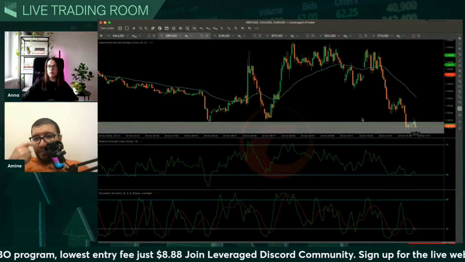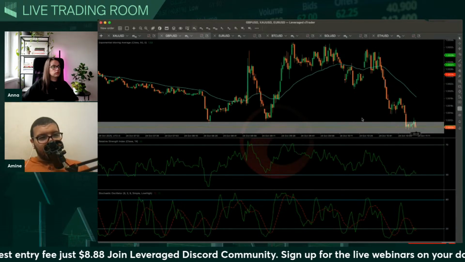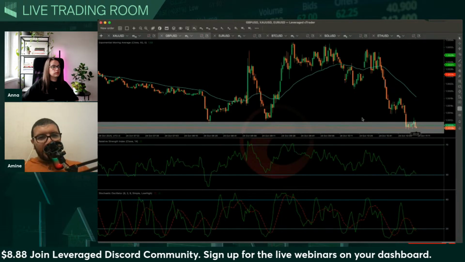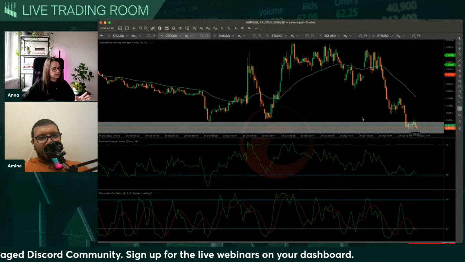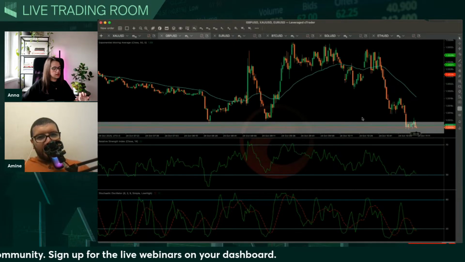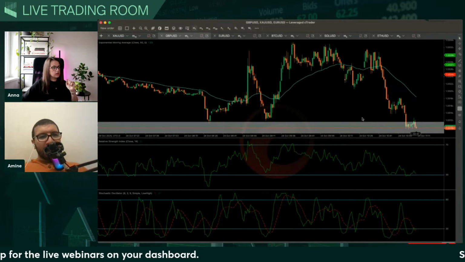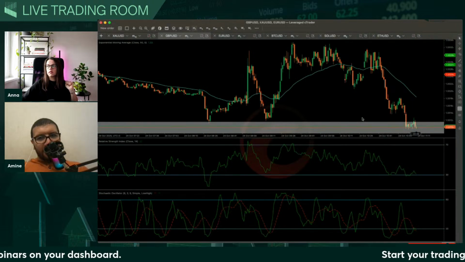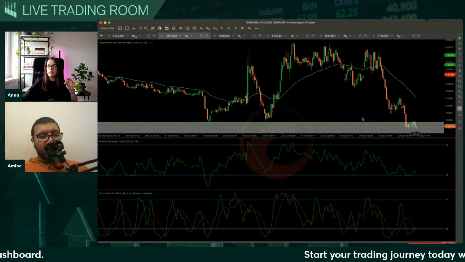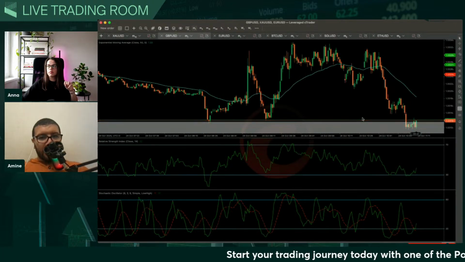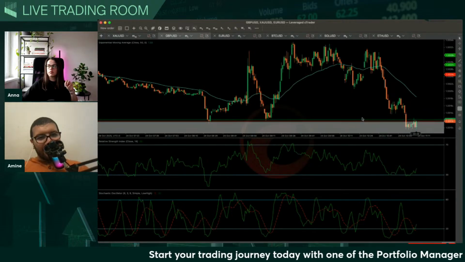I will not wait for the pullback. I will directly place my order and enter the trade. That makes sense because sometimes there is strong momentum for this kind of breakout structure without any coming back to the level.